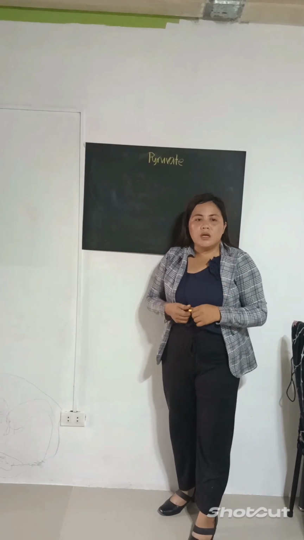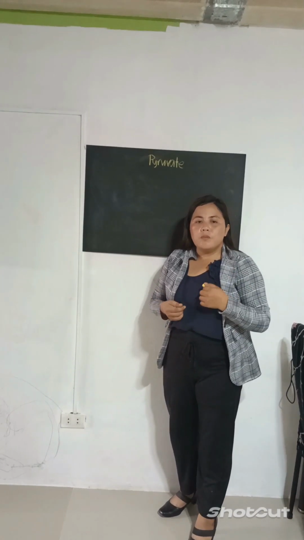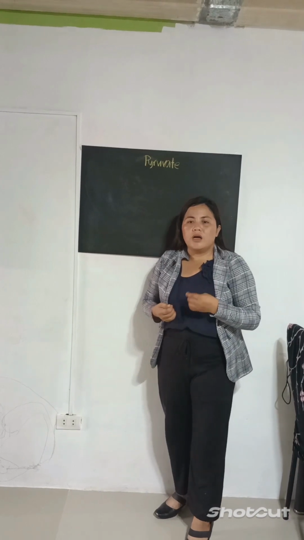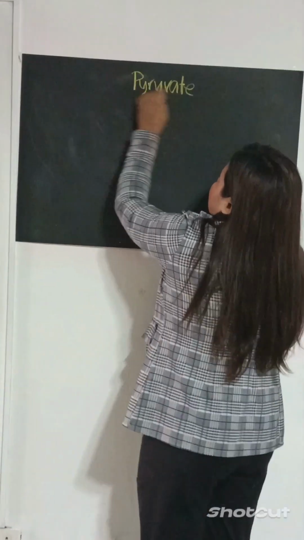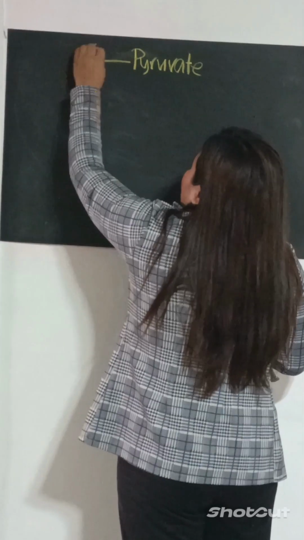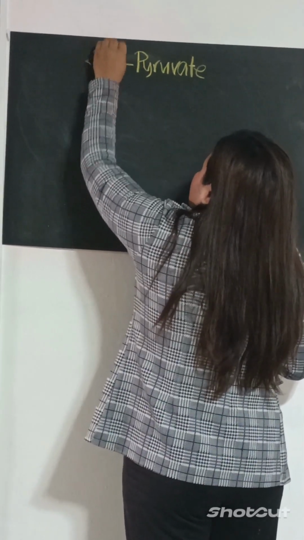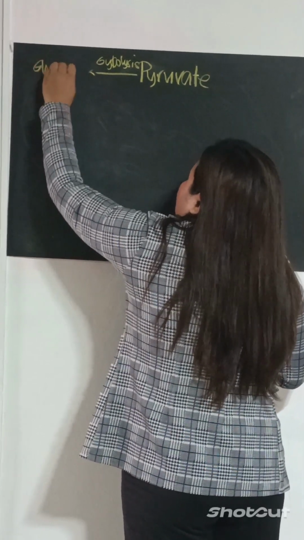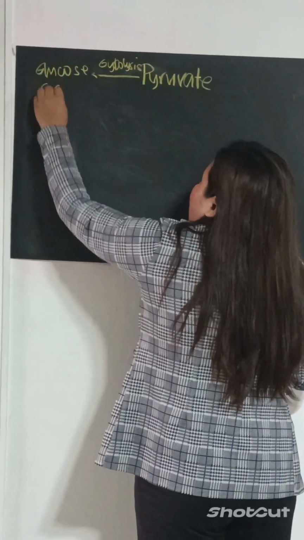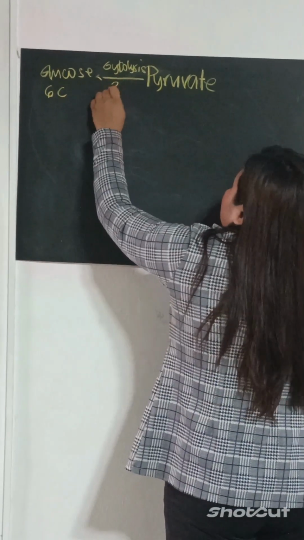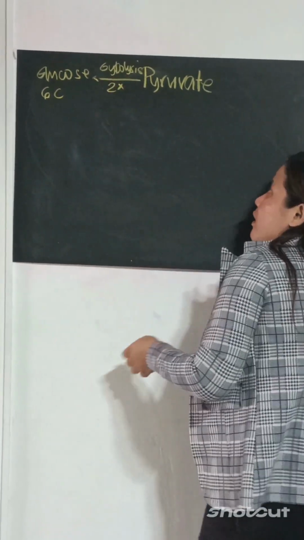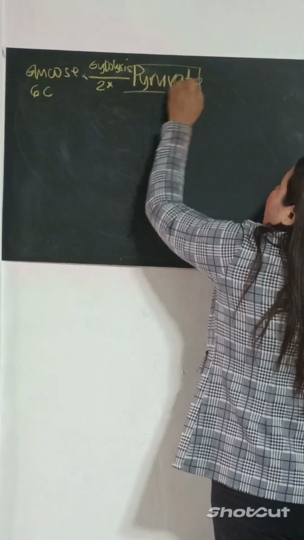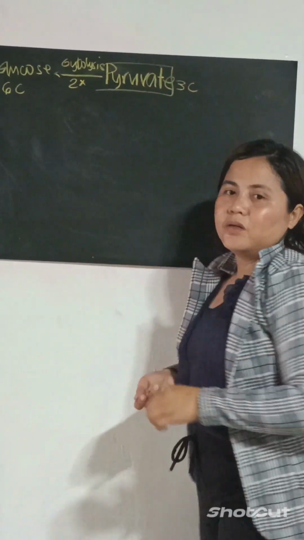Pyruvate derives from glycolysis, in which a 6 carbon compound is split into two molecules of pyruvate, which is a 3 carbon compound.